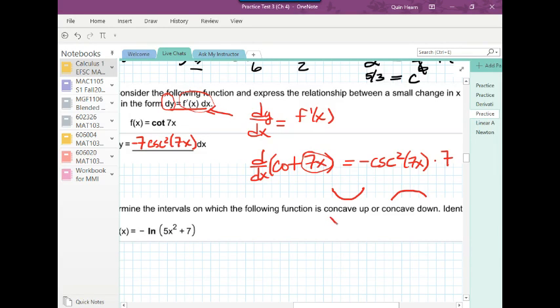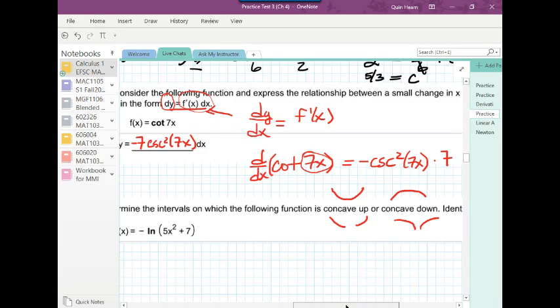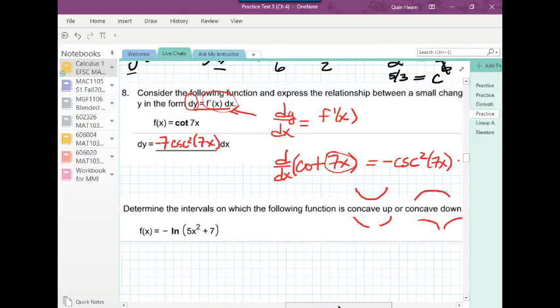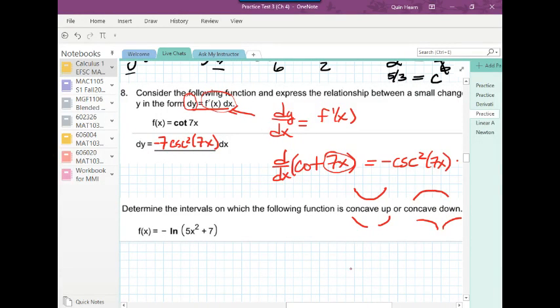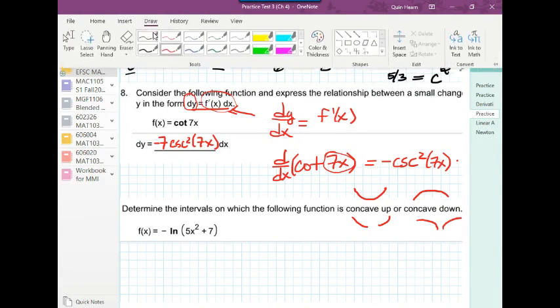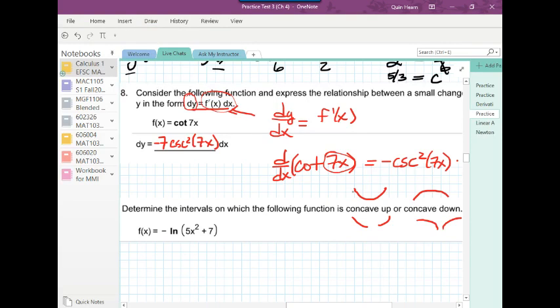Remember right here I have the cheat sheet for the derivatives, and we're finding the derivative of the, what was it, the cotangent? So the derivative of cotangent is negative cosecant squared. But it's a chain rule problem. So the derivative with respect to x of cotangent of 7x is going to be negative cosecant squared of 7x times the derivative of 7x, which is 7.